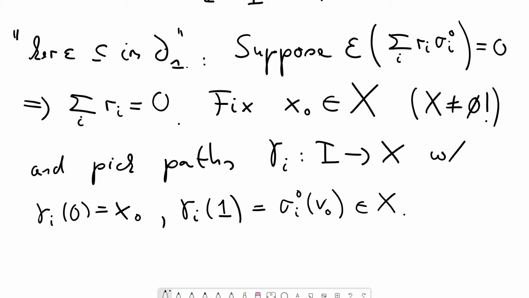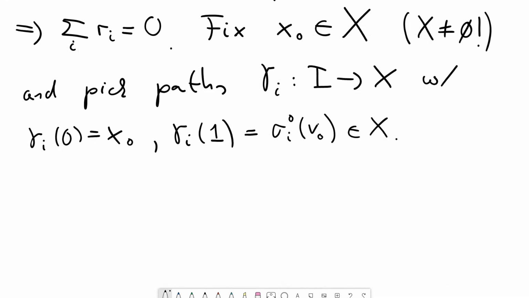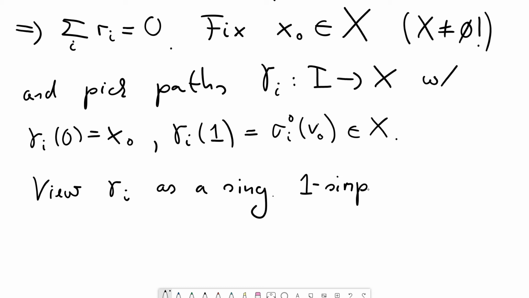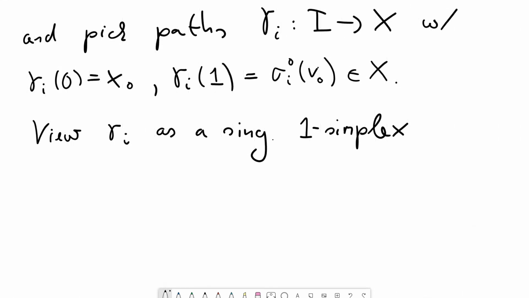And now how do I cook up a one chain from these paths? Well, this is not too far away now, because a path basically is nothing else than a one simplex. So we now view gamma i as a singular one simplex. This unit interval we canonically identify with the standard one simplex.